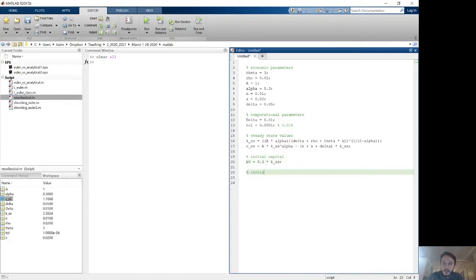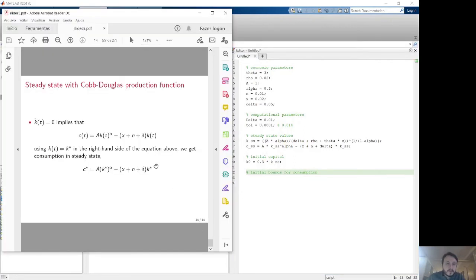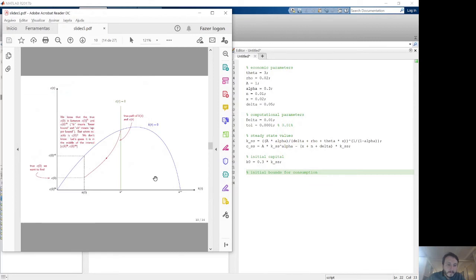Okay. Now initial bounds for consumption. Remember that when we start, we know that consumption is higher than 0 and lower than the upper bound.